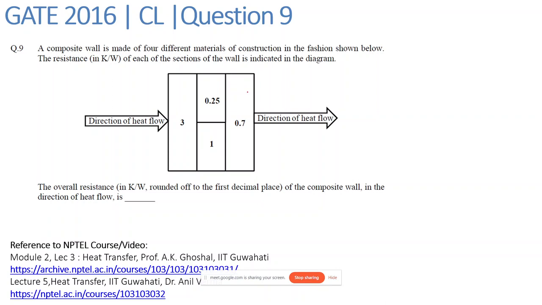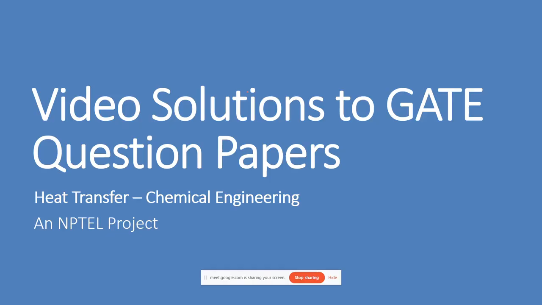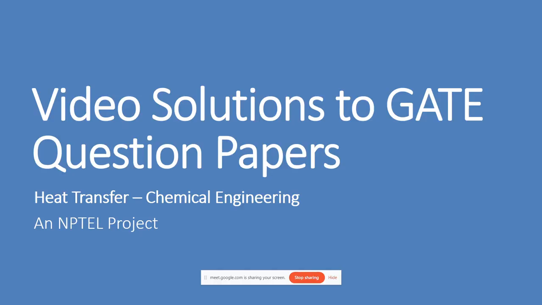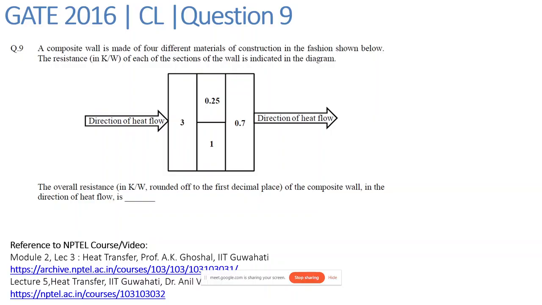If you have any doubt in this previous question, you can ask, or else we can move on to the next question, that is question number 9 of GATE 2016 paper. So I guess we can move on to the next question.